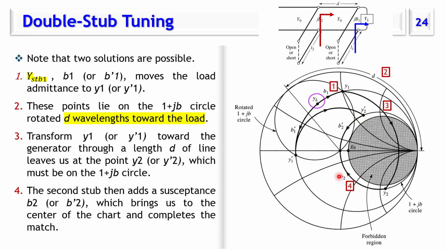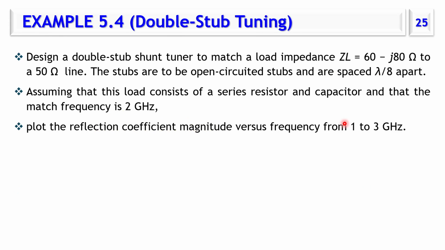Okay, so here we are adding positive admittance, here we are adding negative admittance. So B2 and B2 prime. An example to illustrate this. So we need to design a double stub shunt tuner.